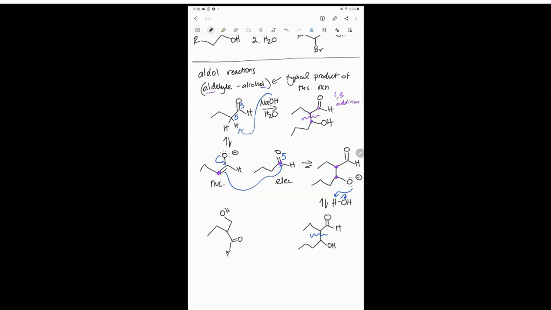I could do all sorts of weird stuff, right? The point is that you'll look for an aldehyde and an alcohol and see how many carbons apart they are. And so if you have a beta alcohol on an aldehyde, that's a pretty strong indicator that you've got something happening here in the form of an aldol type reaction.